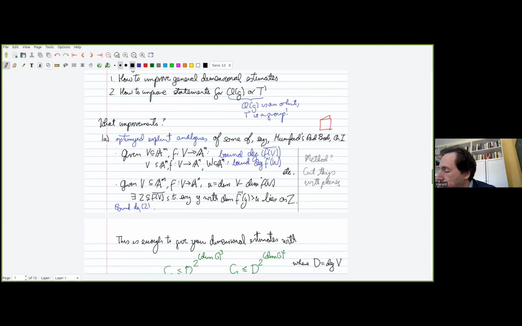Generically, for a point not outside an exceptional variety of smaller codimension, the dimension of the preimage of the point will be exactly U. All the components will be of dimension U. And the exception will be some sort of variety of lower dimension, a variety Z. But we want to bound the degree of Z, and bound it well.